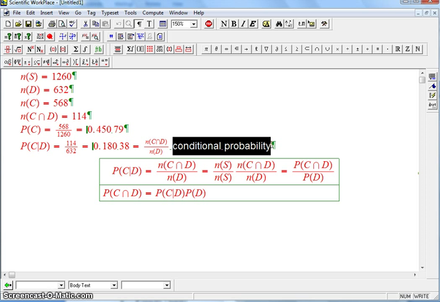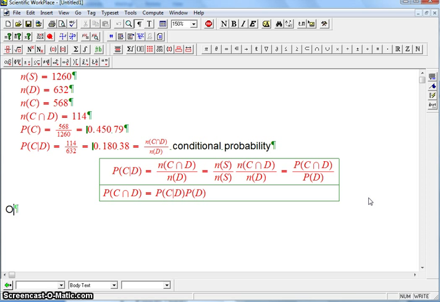Conditional probability is one of the concepts I wanted to highlight, but independence is the other concept. We discovered in this cat and dog example that it is a lot less likely to have a cat once you know you have a dog. So knowing some information, knowing that you have a dog, affects the probability of whether you're going to have a cat.